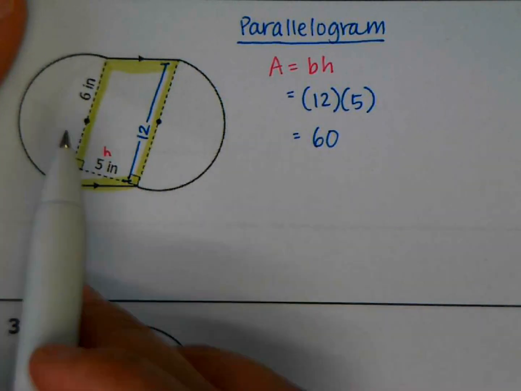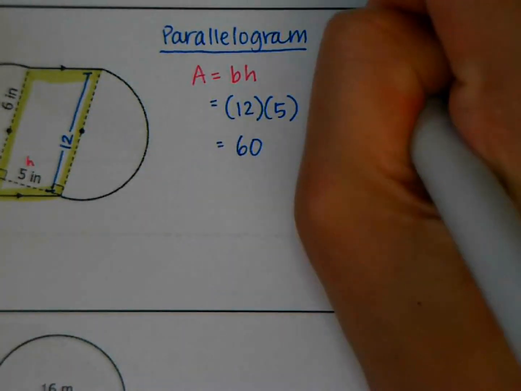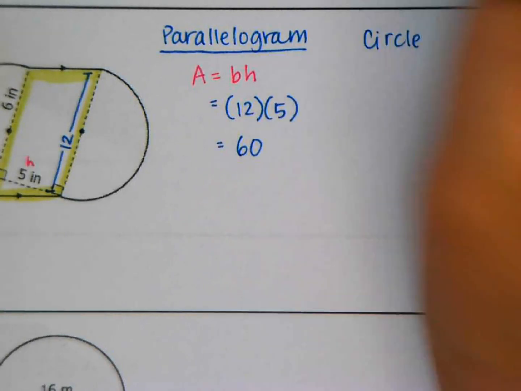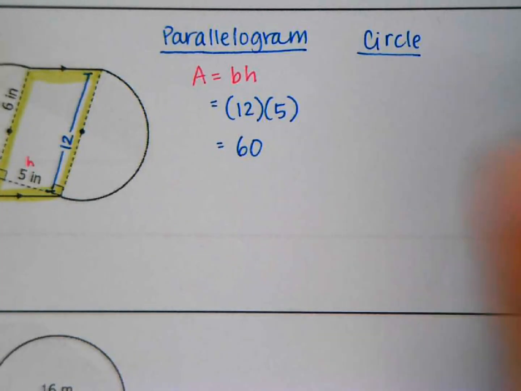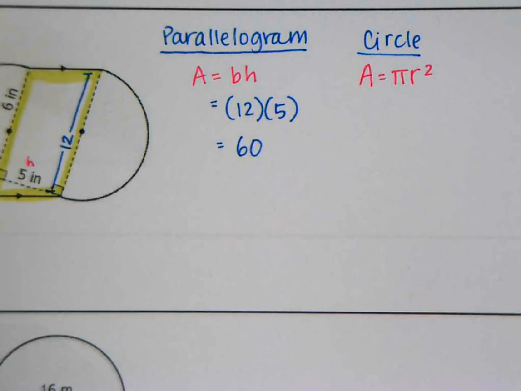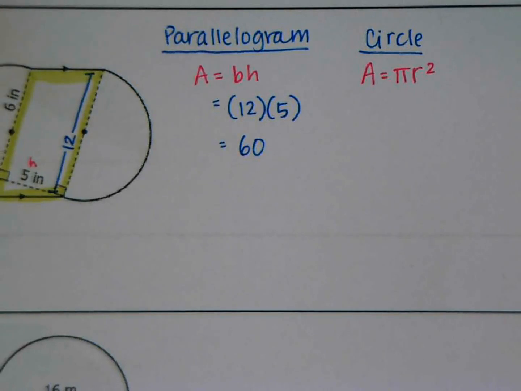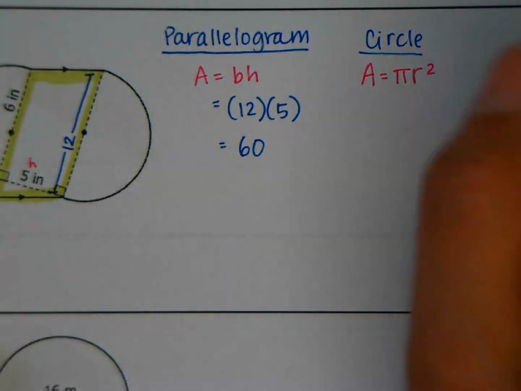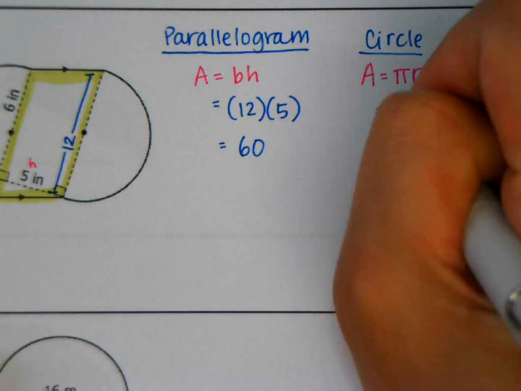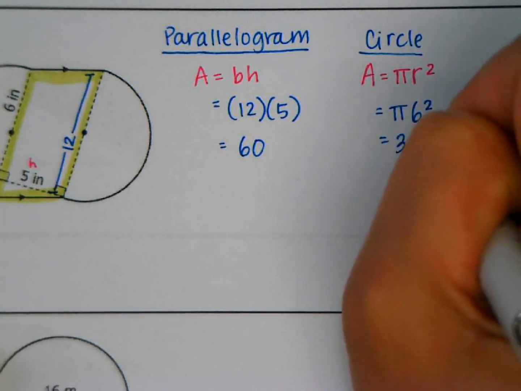We have 2 semicircles, so we can count that as just one circle, separated, but one together. Area is pi r squared. I know there was a circumference formula on the notes yesterday, but we're doing area. And the radius is 6, pi 6 squared, which is 36 pi.